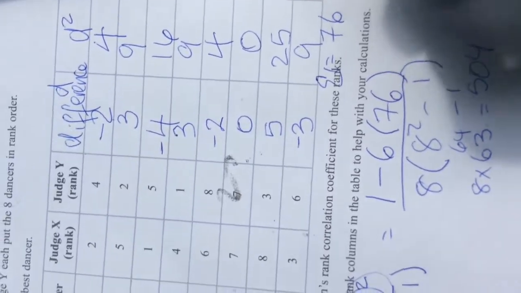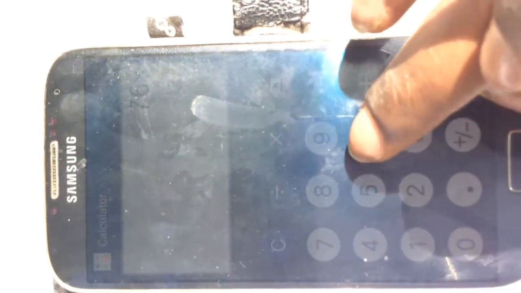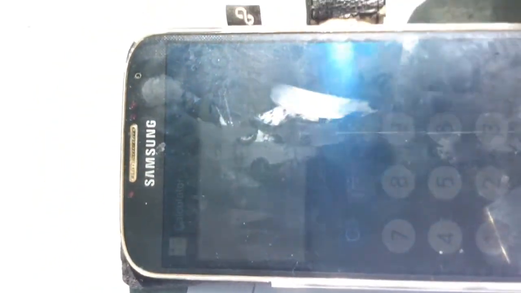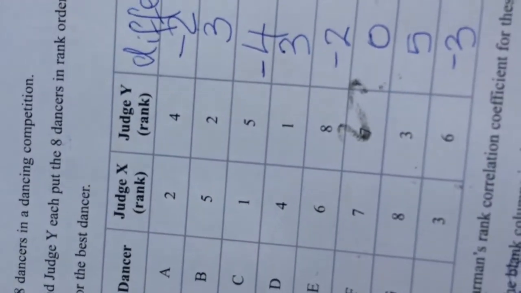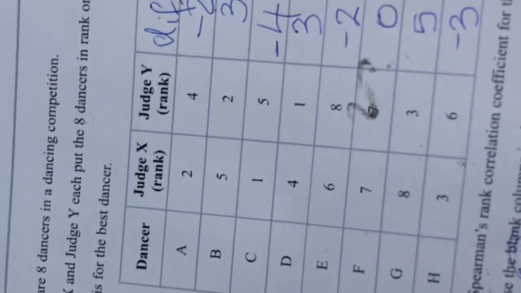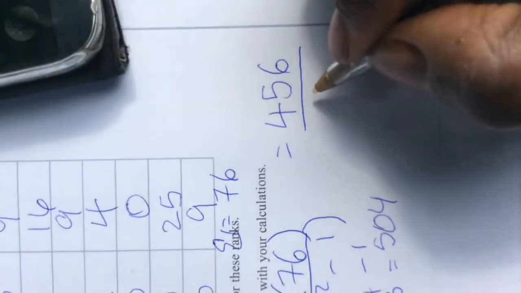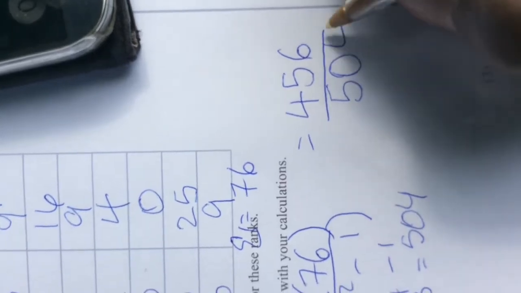So now we're going to do 76 times 6, and we have got 456. So we've got 456 over 504.